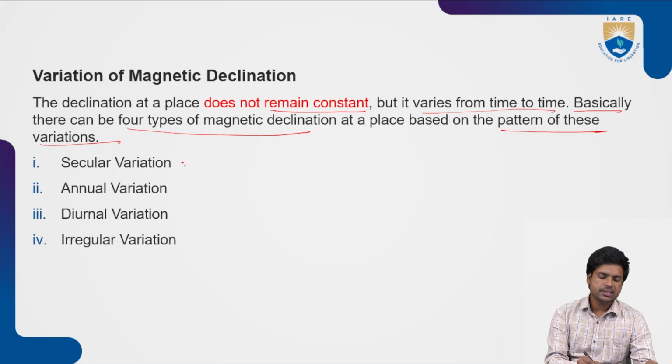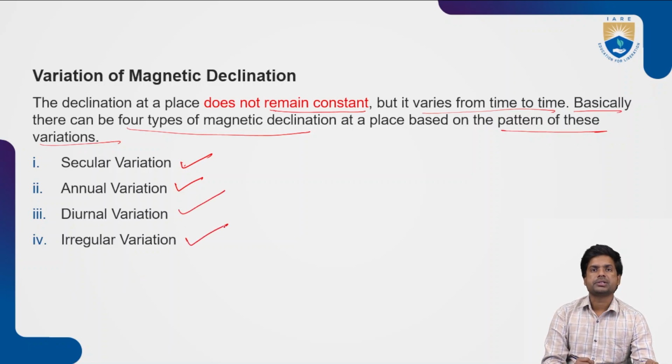The first one is secular variation, the second is annual variation, the third is diurnal variation, and the next is irregular variation. These are the different types of variations.